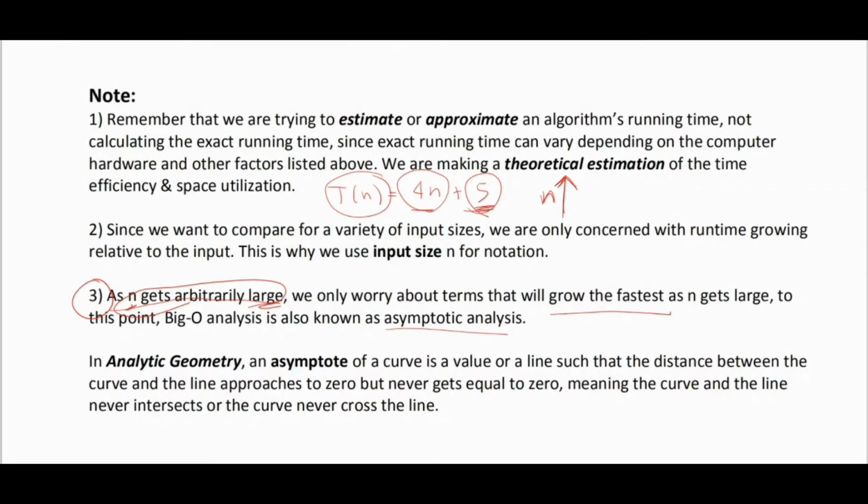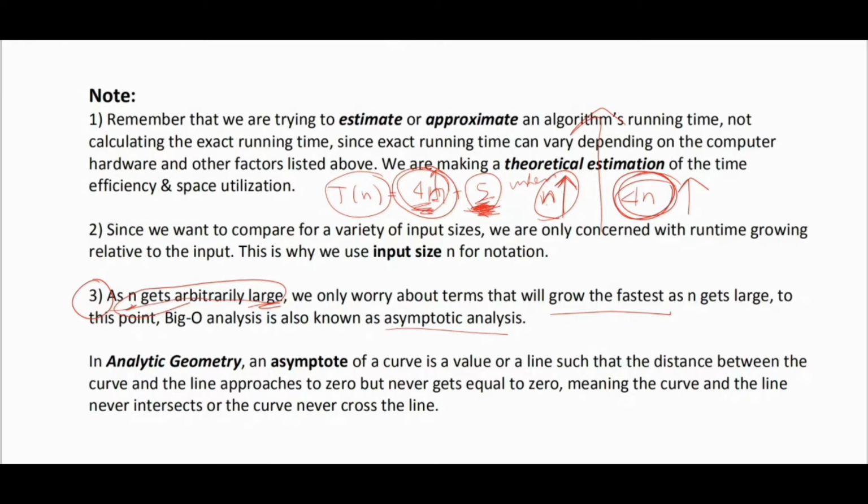Of course, 5 is constant, while this term is dependent on the value of n. When n grows, 4n grows also, while 5 is fixed. As this grows very large, this is not growing at all.